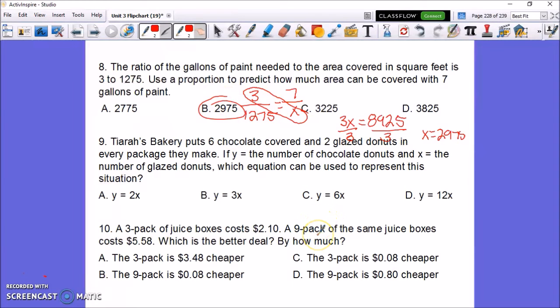All right, number 9. Tier's Bakery put 6 chocolate covered and 2 glazed donuts in every package they make. If Y is equal to the number of chocolate donuts and X the number of glazed donuts, which equation can be used to represent the situation?